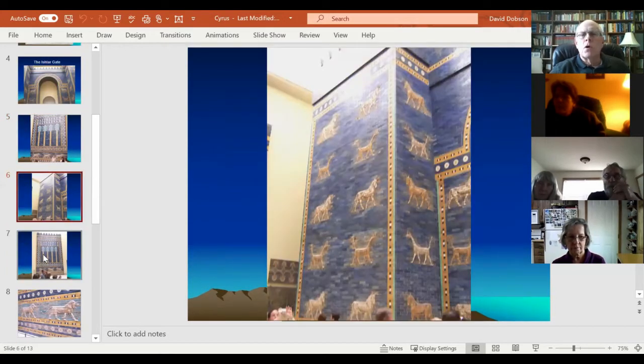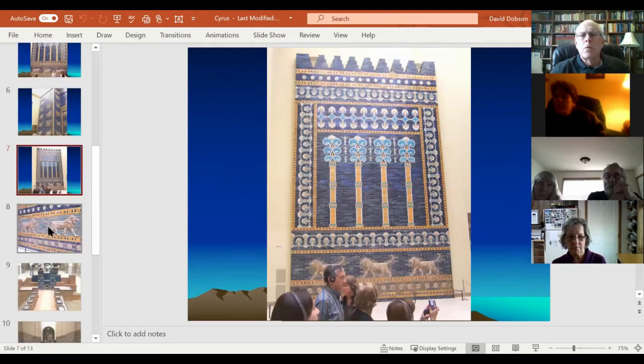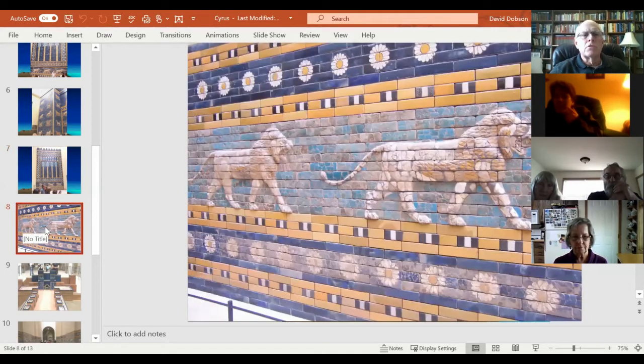Wanted you to notice once again where you see the processional lions down there. And there's more of a close-up, the lions. So remember those, because that's going to tie in as we get to chapter 7, as Babylon is likened to a lion.